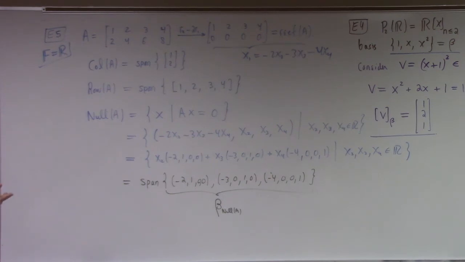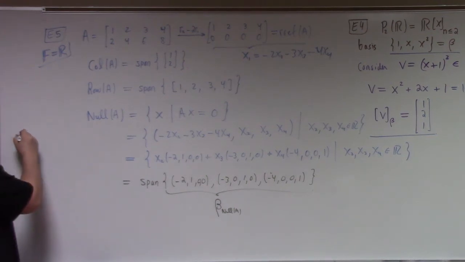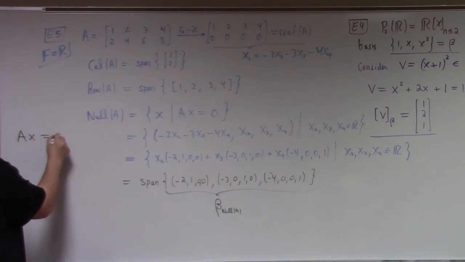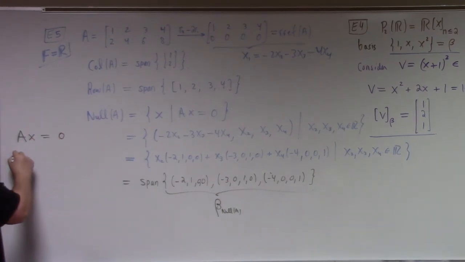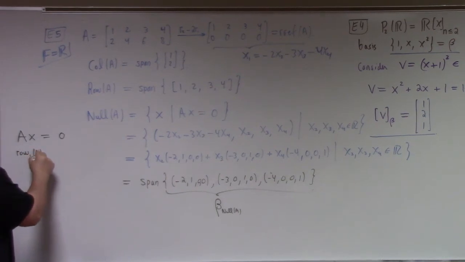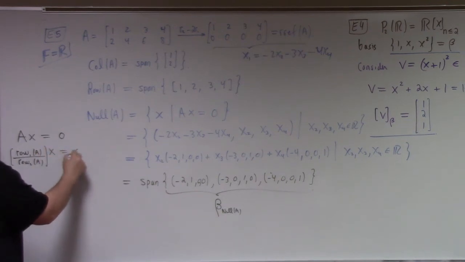Maybe something about dot products. What does it mean for Ax to equal 0? We've got row 1 of A stacked with row 2 of A, times x, equal to 0, right?